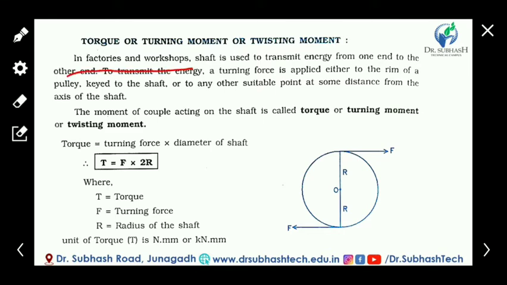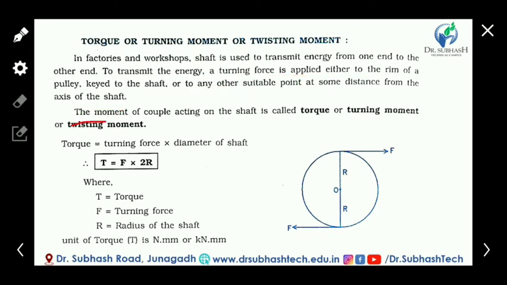In factories and workshops, a shaft is used to transmit energy from one end to another end. To transmit the energy, a turning force is applied either to the rim, pulley, or key to the shaft. So it transmits the power. The turning force is provided with the help of a pulley or key to the shaft or to any other suitable point at some distance from the axis of the shaft.